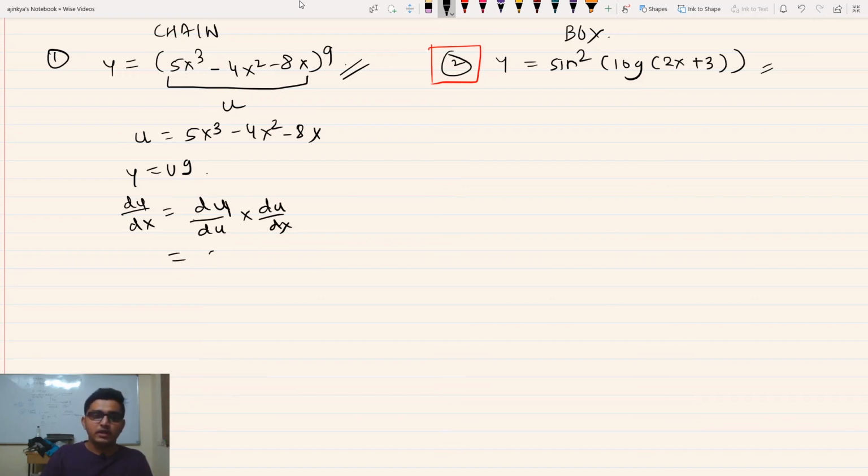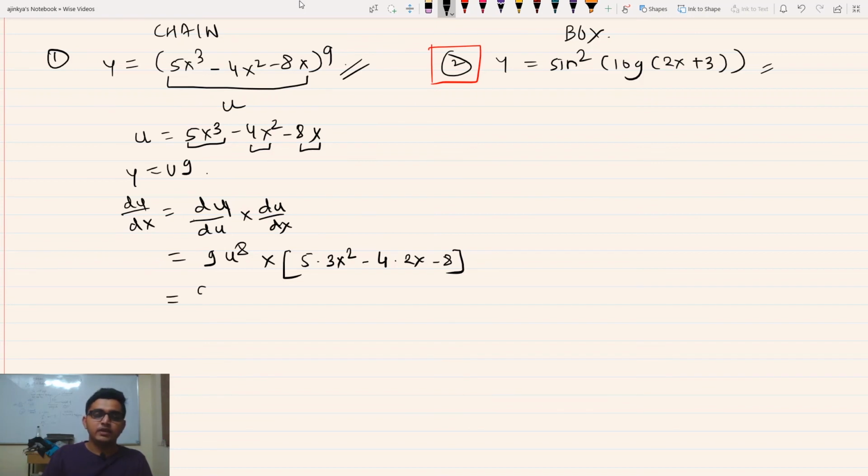So you have 9 u raised to 8 times du upon dx, so you have to differentiate 5x cube minus 4x square minus 8x term by term, which will give you 5 times 3x square minus 4 times 2x minus 8.